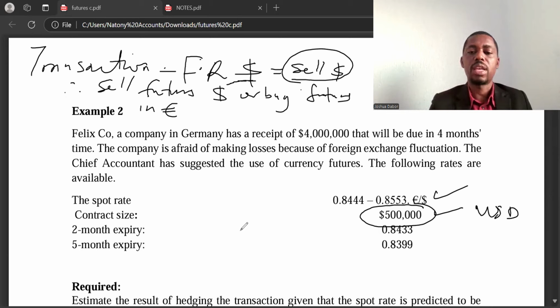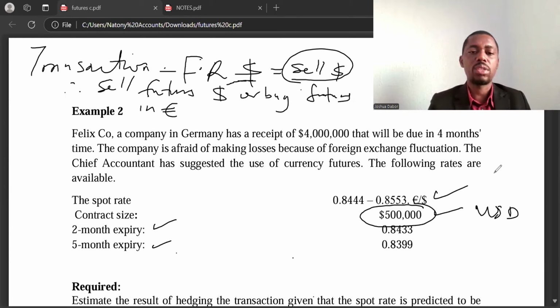Now, the next thing you want to determine is which contracts. Which contracts should the company buy? 2 months expiry, 5 months expiry. Which of these? There are things that you have to look at before you determine which contract to buy.